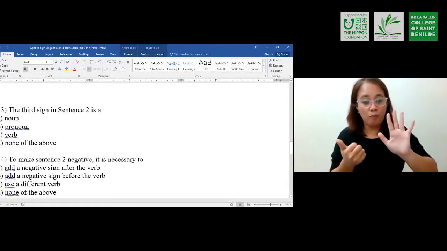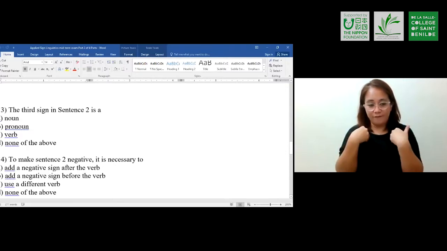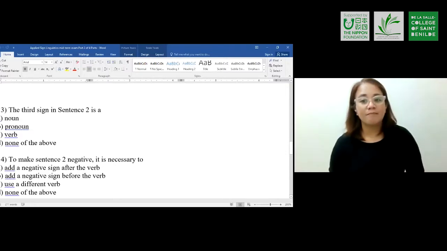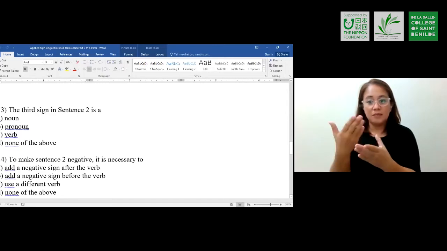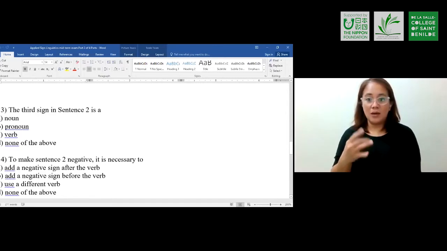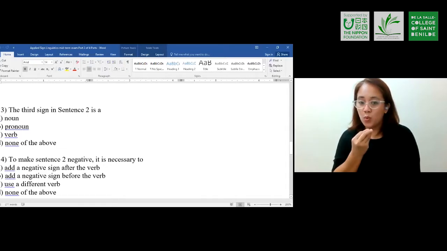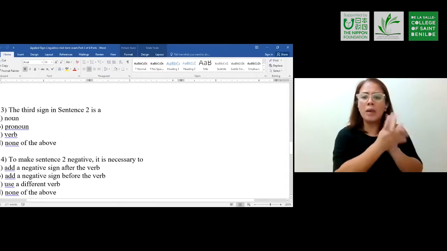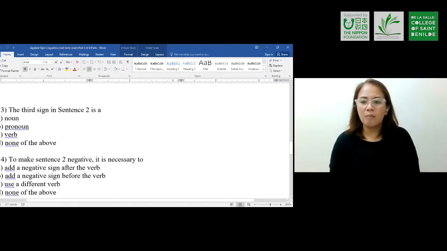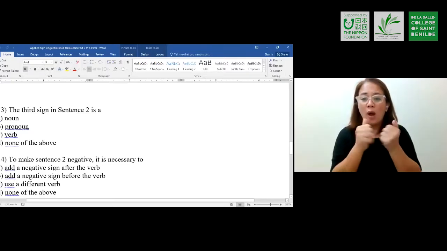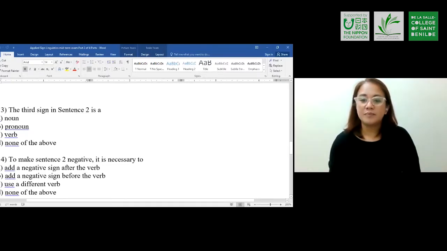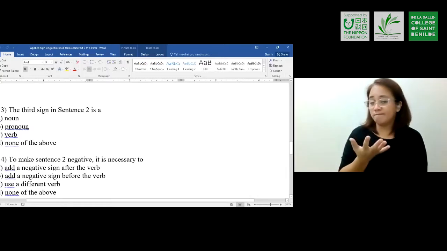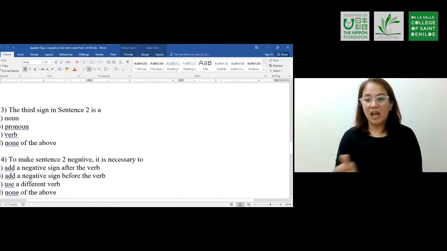So if you had this sentence, Mongo like or like who, then how would you make that sentence negative? Would you say like not, or not like, or use a different verb?